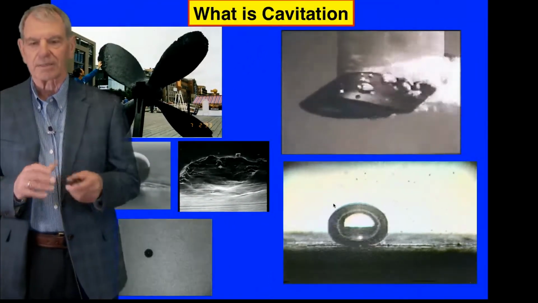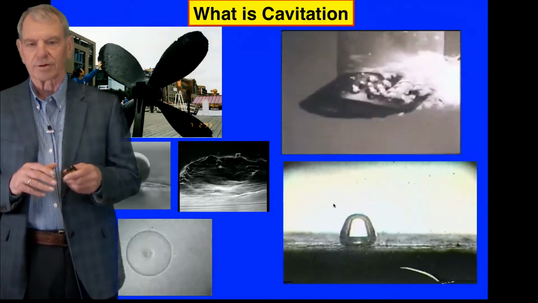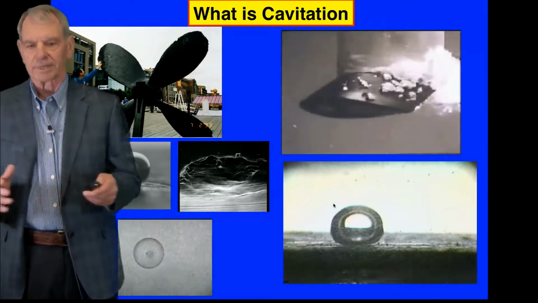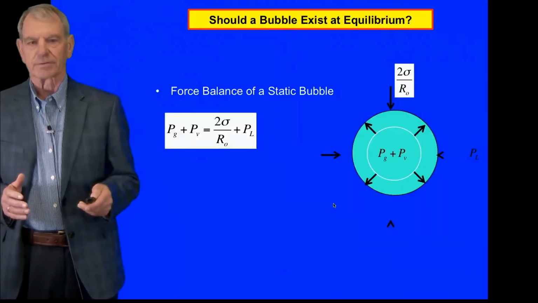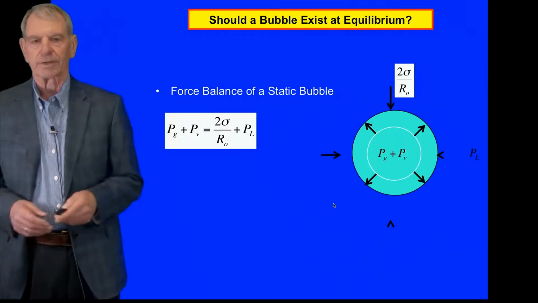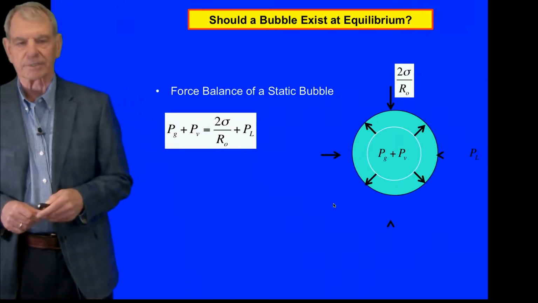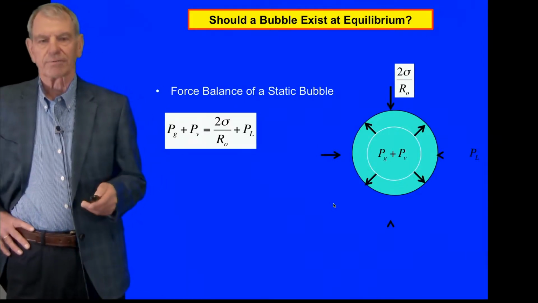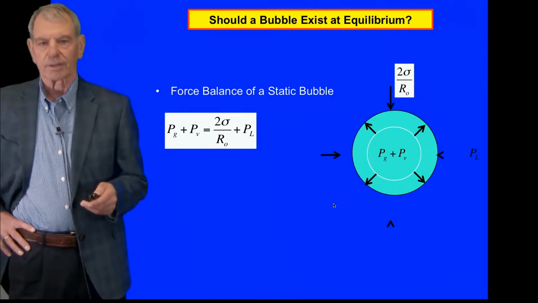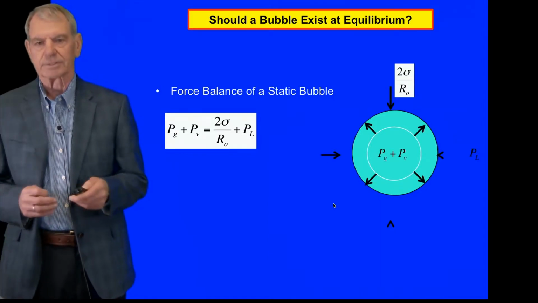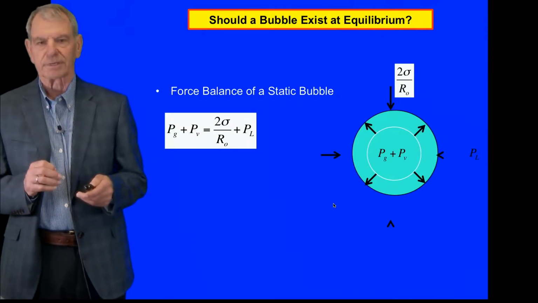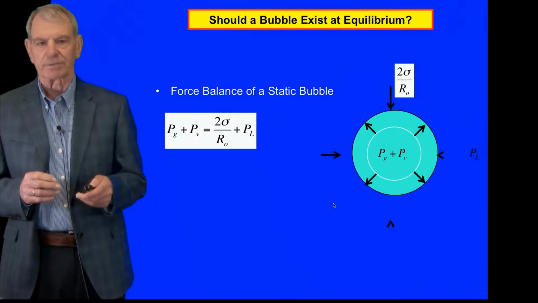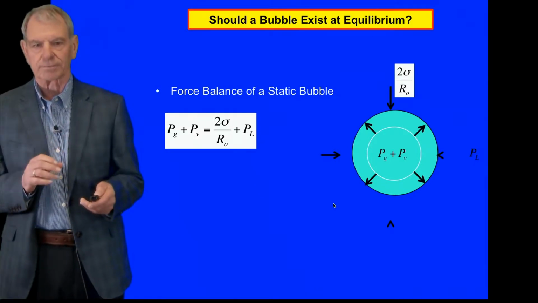So cavitation, in a sense, is anything to do with the growth and collapse of a bubble in a liquid. And there are various variations of that throughout the field of physics. Now, why do we have a bubble that collapses? A bubble in a liquid cannot exist in equilibrium because of surface tension, the so-called Laplace pressure.